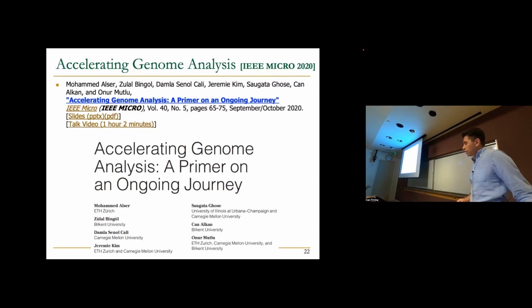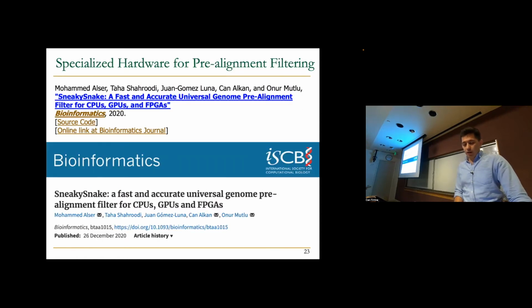You can read this paper if you want to learn more about the challenges in designing specialized hardware for genome analysis. Again, we produce many works in this area for achieving fast genome analysis.